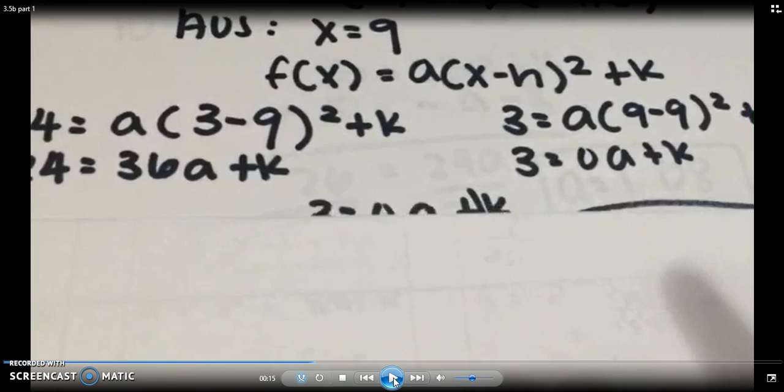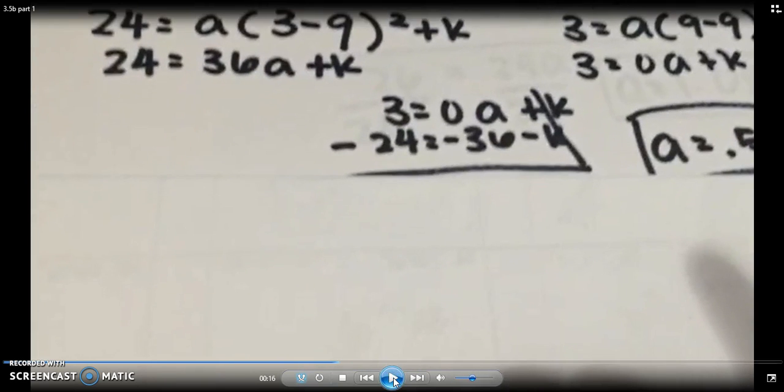So I need to find the a. So I'm going to cancel out the other variable, which is the k. So I'm going to change one of the equations into a negative, and I chose 24 equals 36a plus k. So my equation will look like 3 equals 0a plus k, minus 24 equals negative 36a minus k.